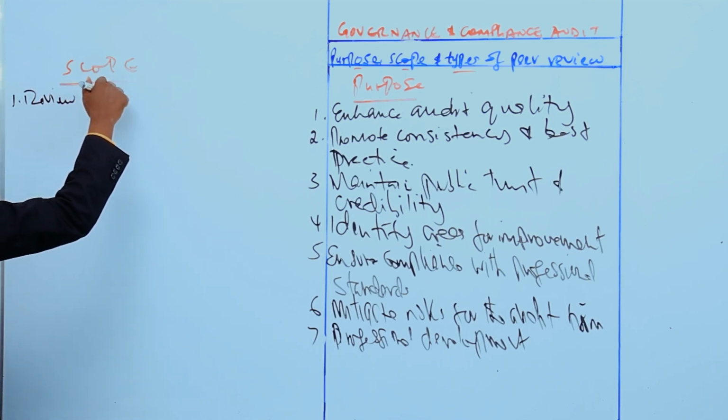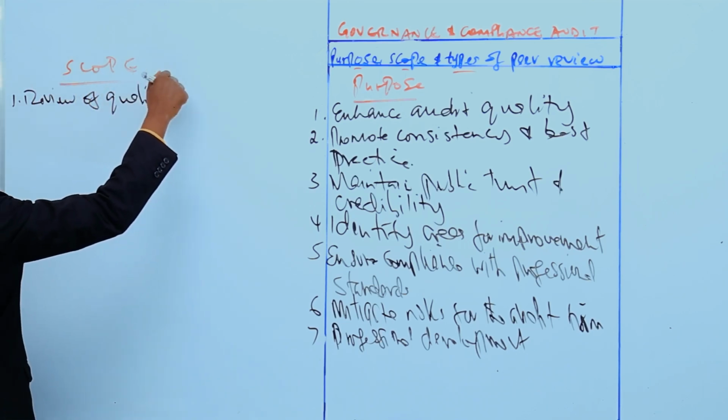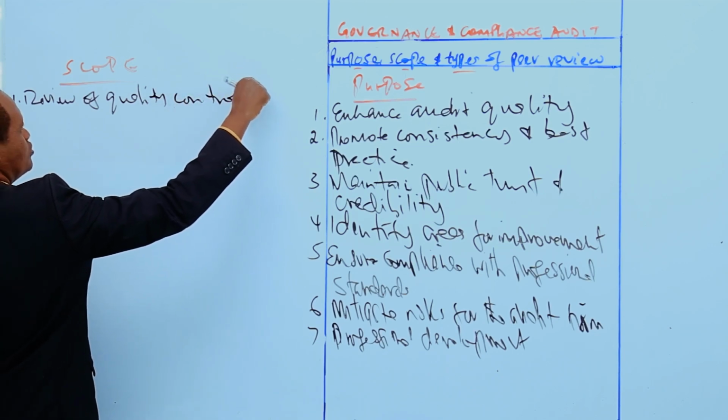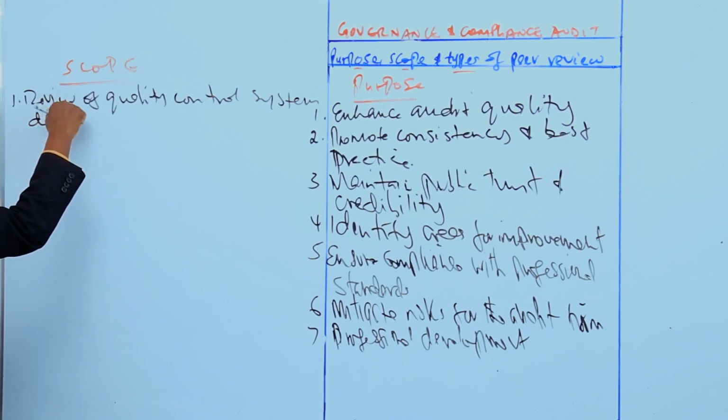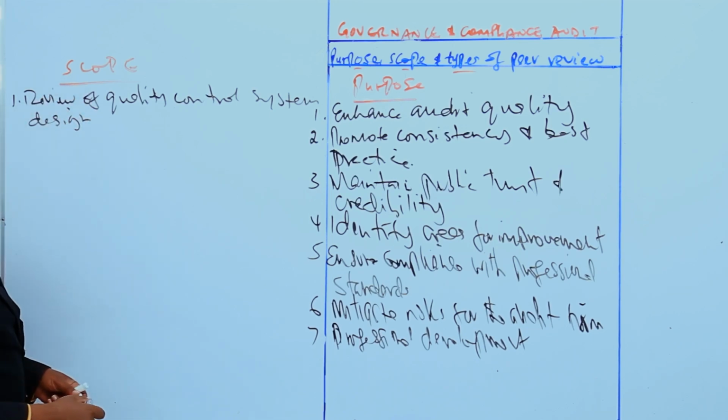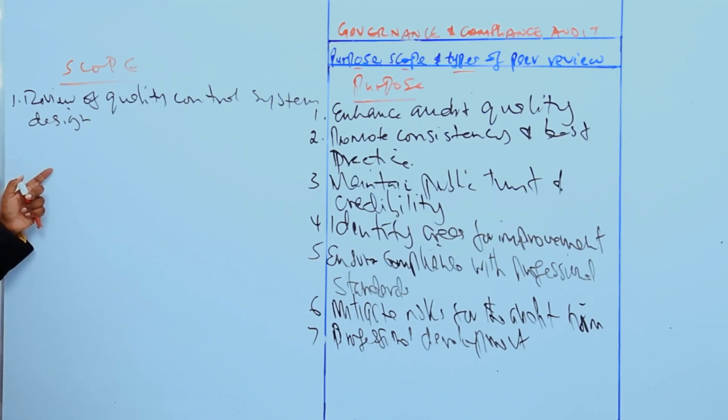This means evaluating whether the audit firm has clearly defined leadership responsibilities for quality within its governance and compliance audit practice. So it may include leadership and responsibilities.